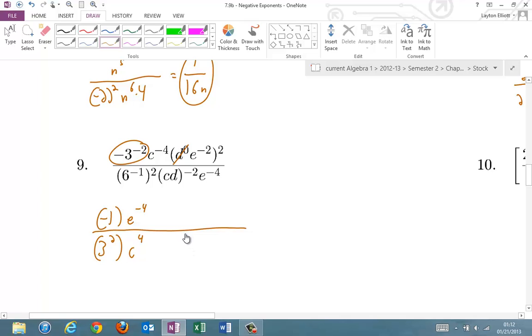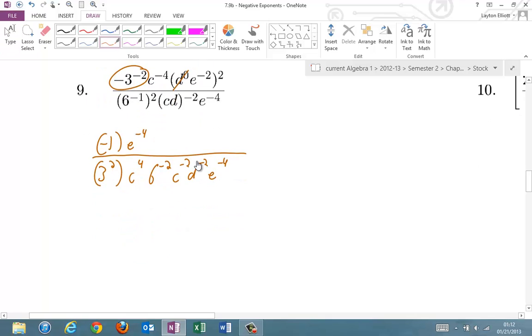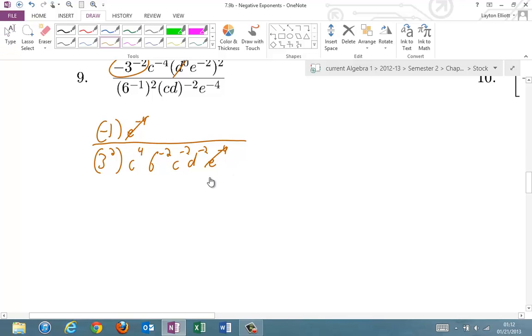Then we have 6 to the -2, c to the -2, d to the -2, e to the -4. Well, look what happened with our e's. Those can go. I'm going to rewrite this as -1 and then over 9, c to the 4th.